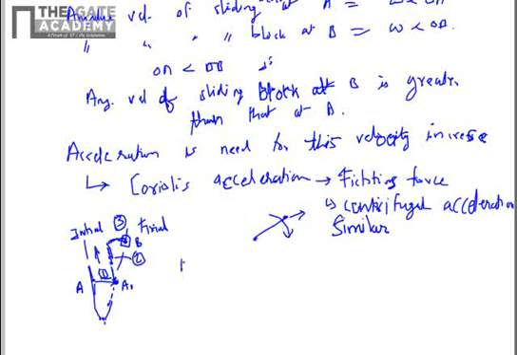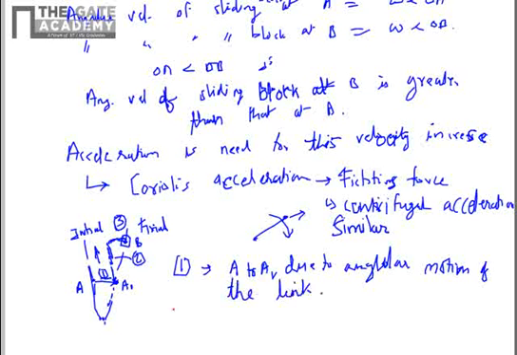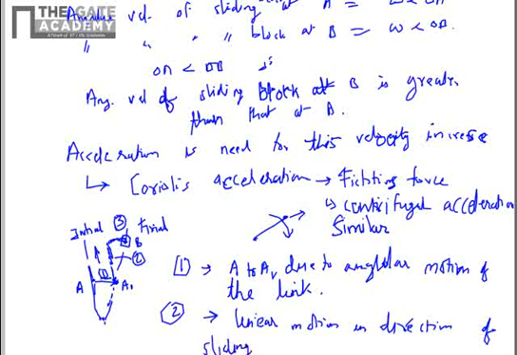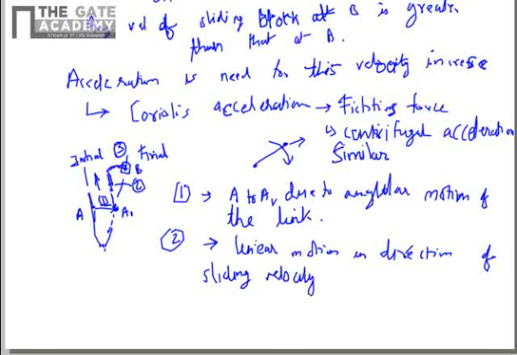So the first part of motion is from A to A1 due to angular motion of the link. Second part is linear motion in direction of sliding velocity, that is VAB.